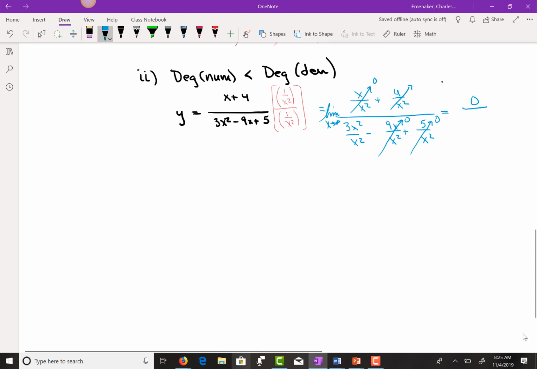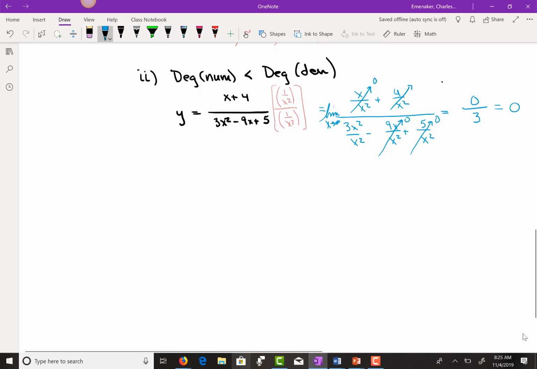However, the first fraction will approach a value of what? 3. 0 divided by 3 is what? 0. If the degree of the numerator is smaller than the degree of the denominator, you will have a horizontal asymptote at y equals 0.